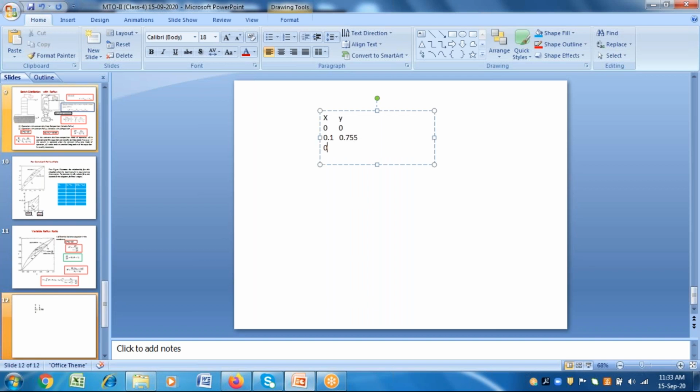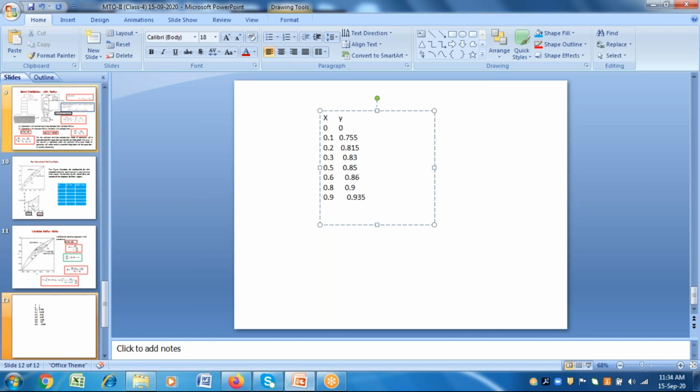0.755, then 0.2, then you have here 0.815, then you have your 0.3, and you are having 0.83, then 0.5, you are having 0.85, and 0.6, then you have your 0.86, and 0.8, then you have your 0.9, then 0.935.